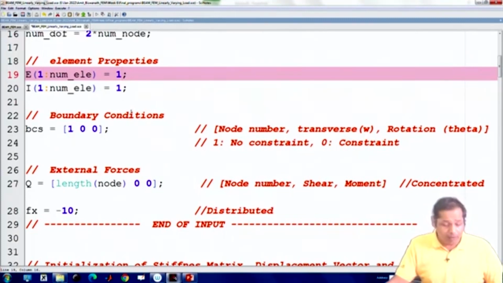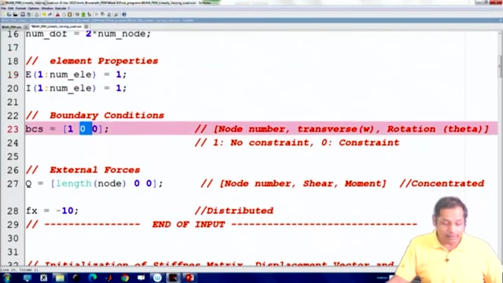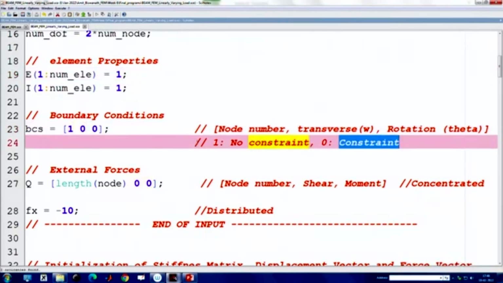Boundary conditions. At element number 1, at node number 1, we have 2 constraints, so the boundary conditions will be 0 and 0. 0 stands for constrained, and no constraint means 1.